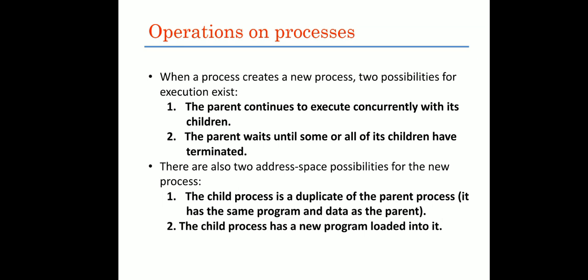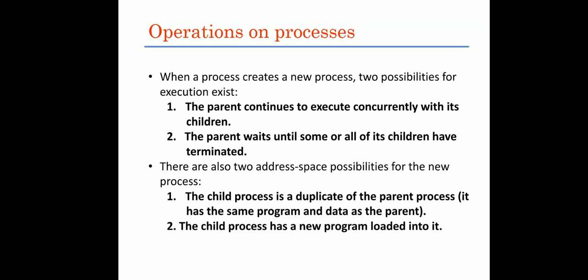When a process creates a new process, two possibilities for execution exist. First possibility is that the parent continues to execute concurrently with its children. When the parent process creates the child process, the parent process can execute along with the child process.